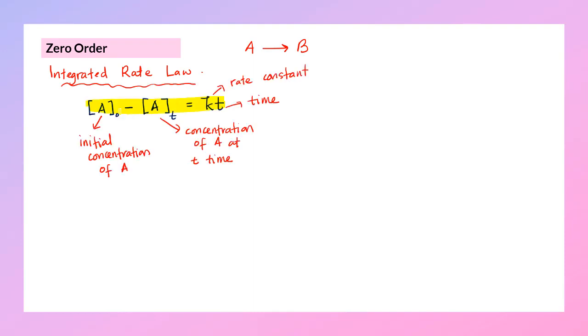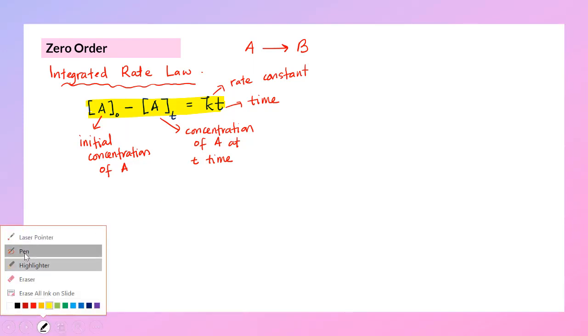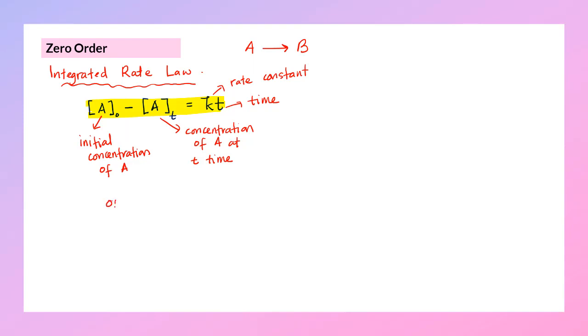Alright, so for zero order, we use the same reaction, A converted to B. This is the integrated rate law for zero order, where [A]0 is the initial concentration of A, [A]t is the concentration of A at time t, k is the rate constant, and t is the time.